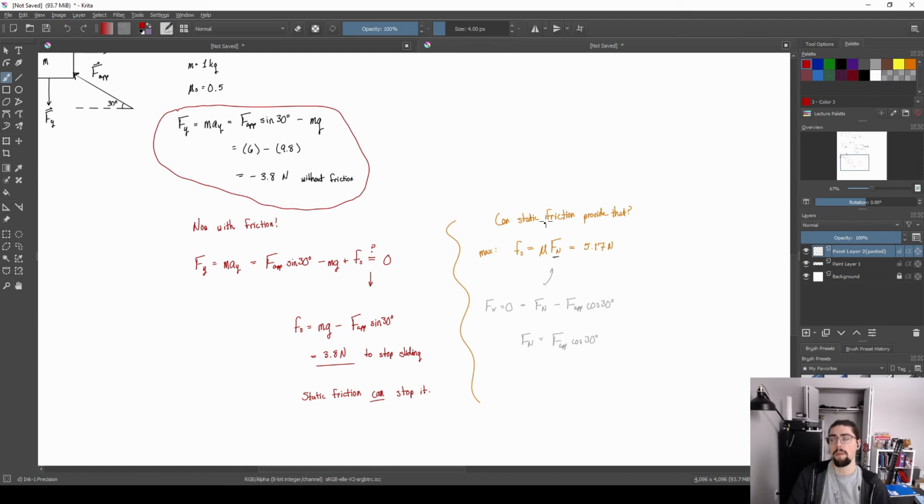We find that the maximum amount is 5.17 newtons, which is greater than the 3.8 that we had asked of it. Static friction can overcome that difference of forces pushing on the block. But we set it equal to rather than less than or equal to because we are asking for the maximum. What is the upper limit of friction force that could be there?